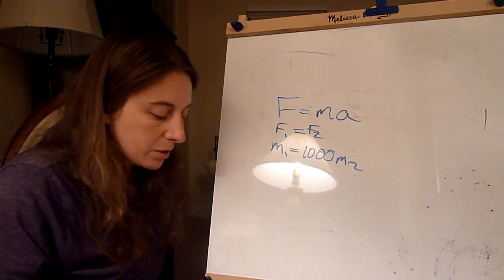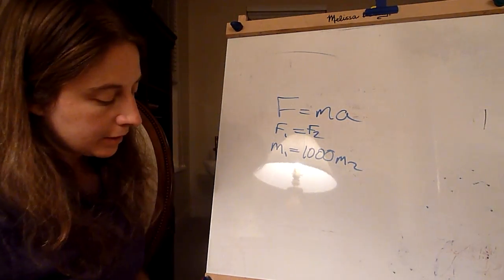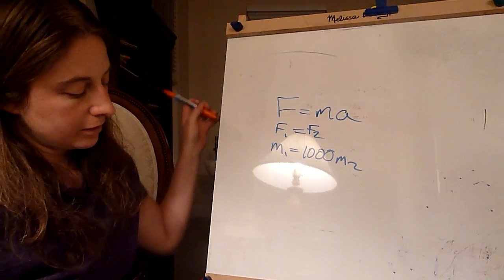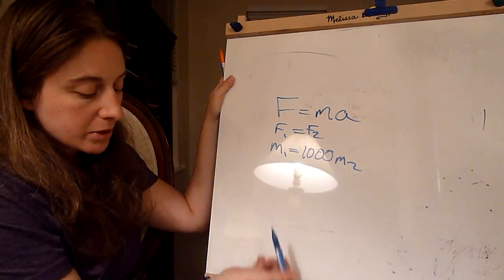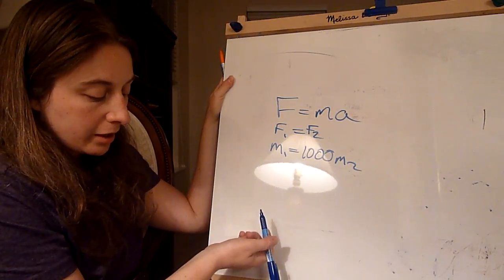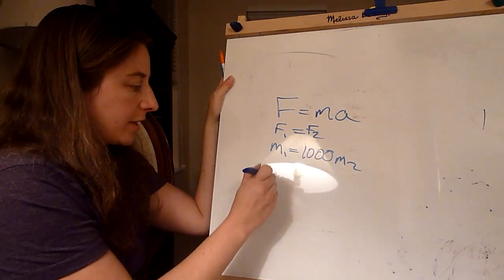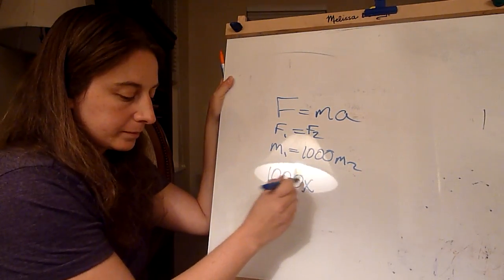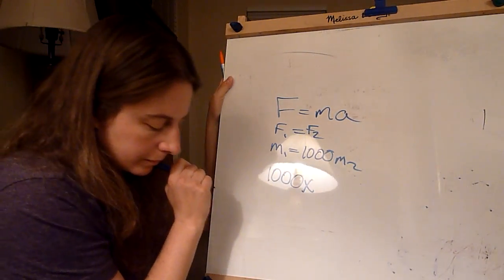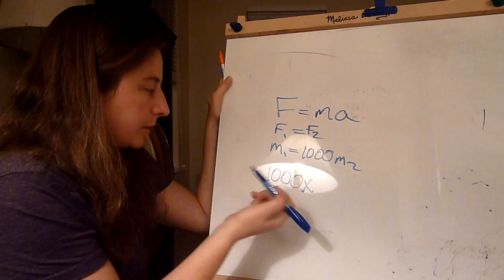Which accelerates more quickly and how much more quickly? Our forces are equal, our masses are different, so we're going to increase the mass 1,000 times, and how much more quickly will it accelerate?